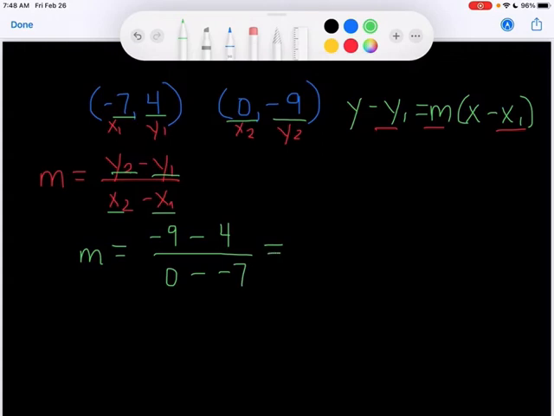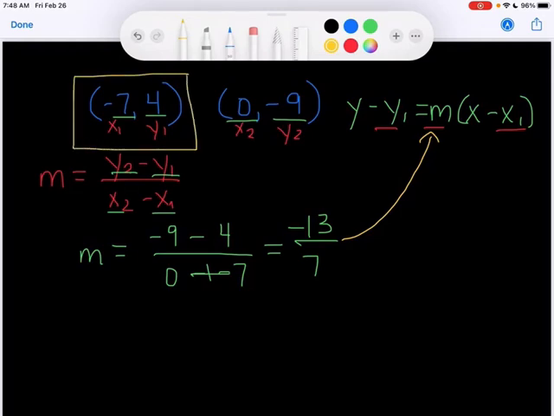Okay, let's go ahead and simplify. -9 minus 4 is -13 over 0 minus -7 can become plus. So I get -13 over 7 as our slope. So now we know that -13/7 is going to go in there for m. And then for x sub 1 and y sub 1, we already labeled this x sub 1 and y sub 1, so we can plug those in.